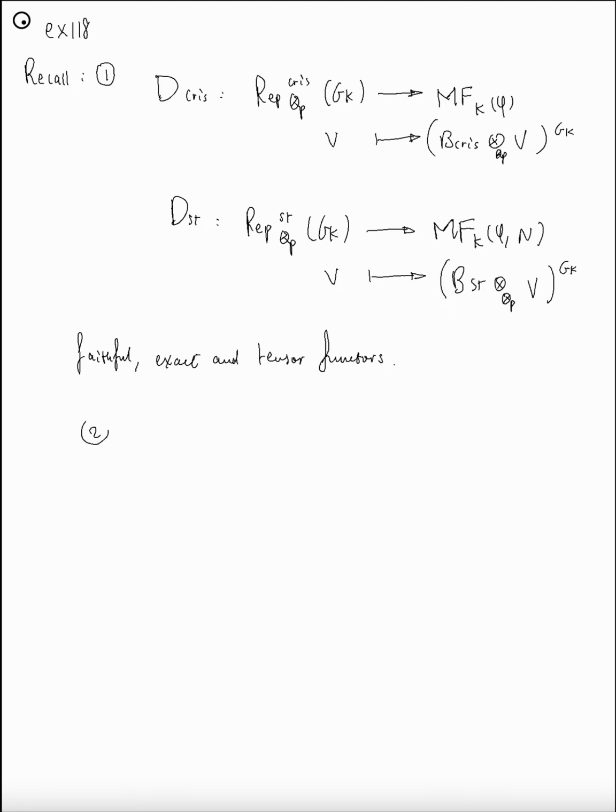Second remark. Yeah, so let me also mention the dual version maybe.